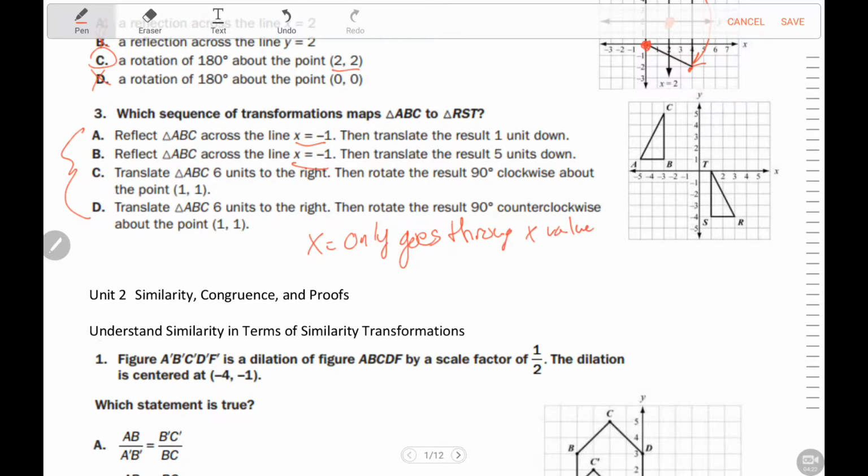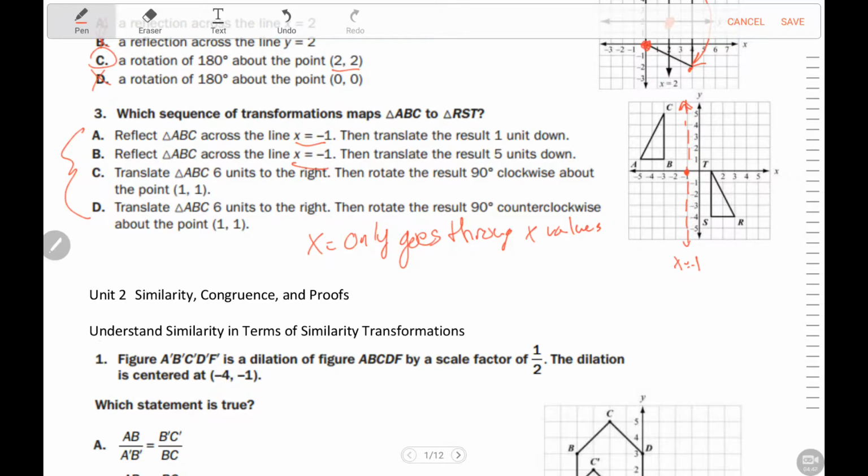What I mean by that is x equals -1. You would go to -1 on the x-axis, and that line is not going to go through the y-axis because it is an x equals line. That is x equals -1.